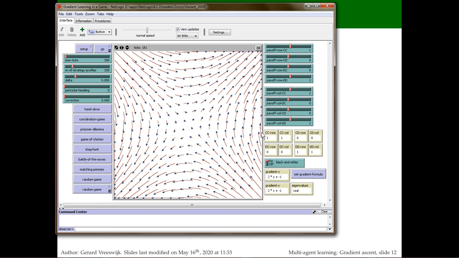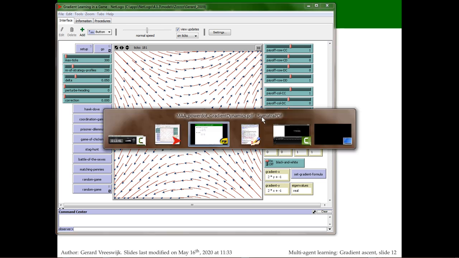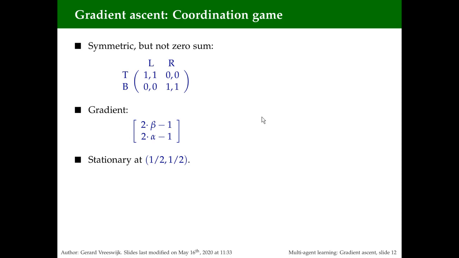Sorry, the x direction is 2 times y, that is 2 times a half, because we are at the half here. So the x direction is 0, and the y direction is 2 times 1 minus 1 is 1, so the vector is 0, 1 and points into the north. So stationary point a half.